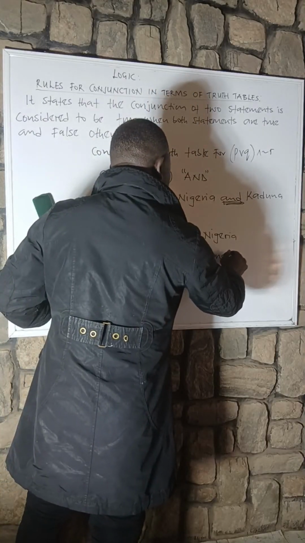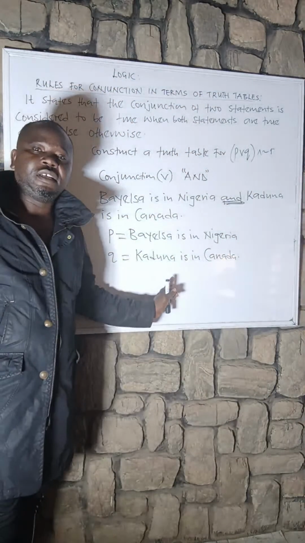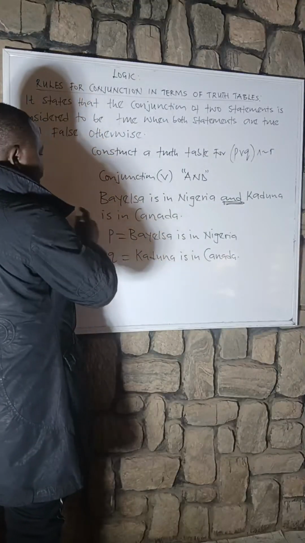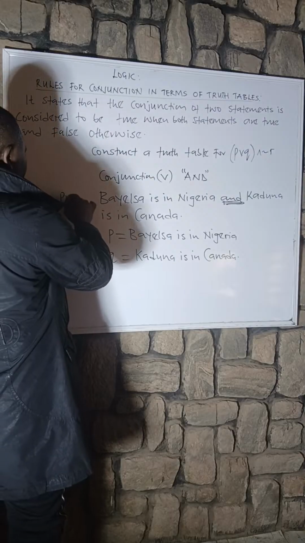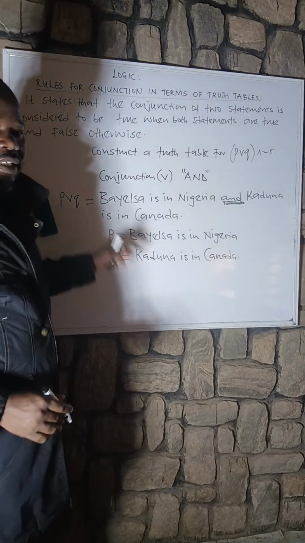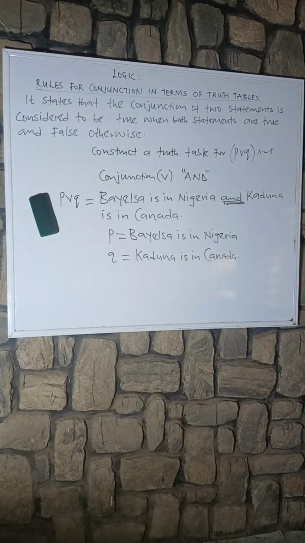Are you seeing now? So it means the conjunction of this statement is P conjunction Q now be equals to this. Can you see now? Look at it. But that is not what we are here for.